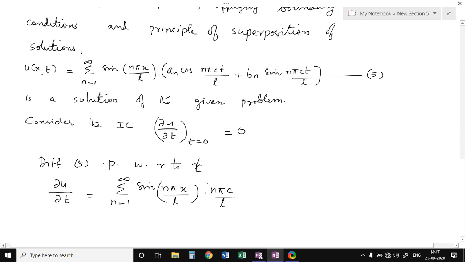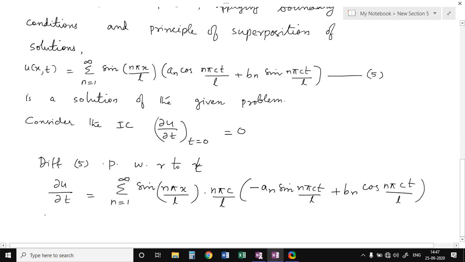So then nπc/L multiplied by (−an sin(nπct/L) + bn cos(nπct/L)).